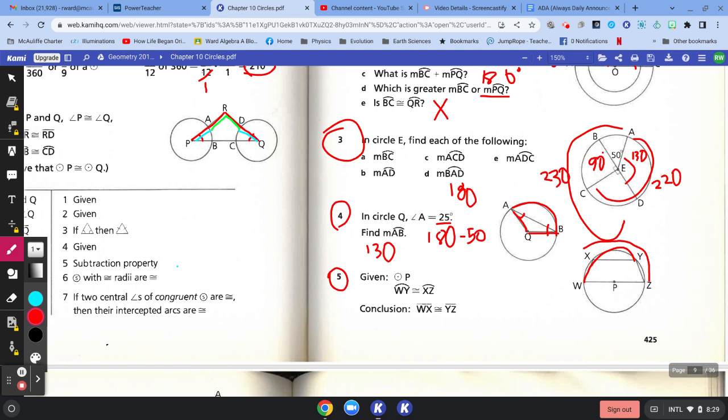I mean, we know this about angles. The same will be true with arcs. So because those two arcs are supplementary to congruent arcs, arc WX and arc YZ are going to be congruent. And because the arcs are congruent, the chords are congruent, because chords formed from the endpoints of congruent arcs will also be congruent.